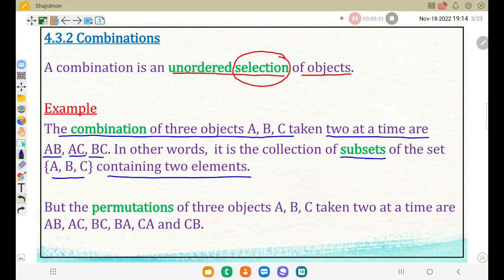But the permutations of 3 objects A, B, C taken 2 at a time are AB, AC, BC, BA, CA and CB. Here order is important, that is why we get 6 options. This is the difference between permutation and combination. I hope you understood this example.